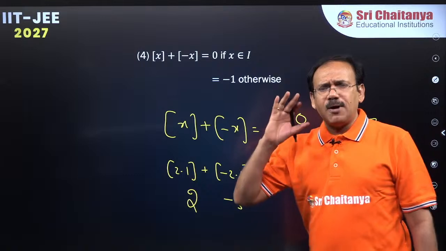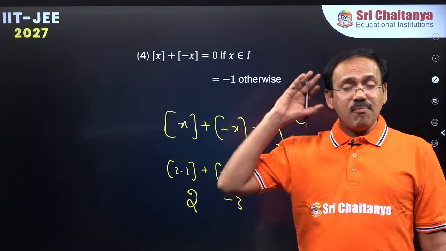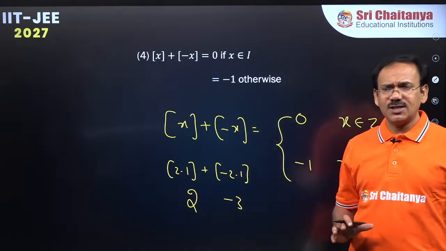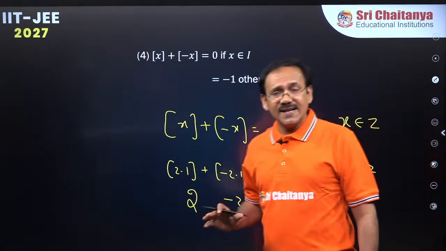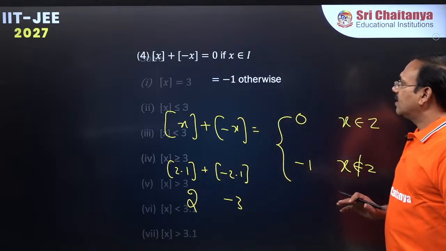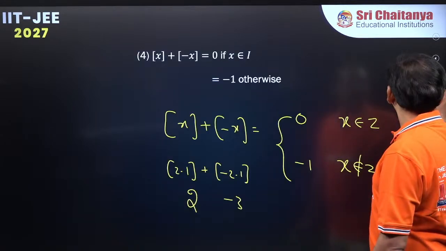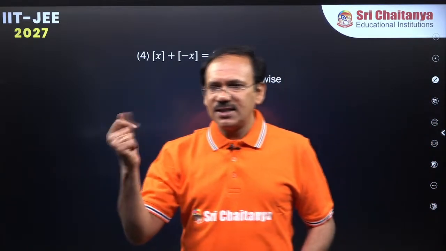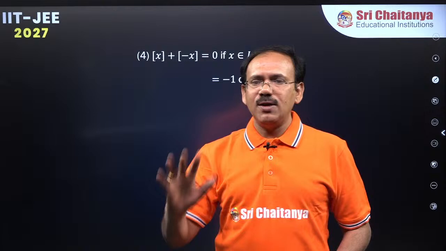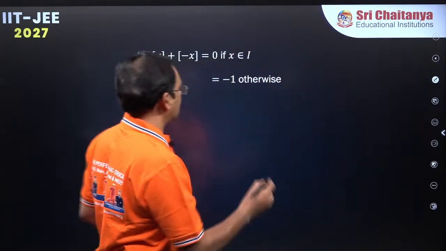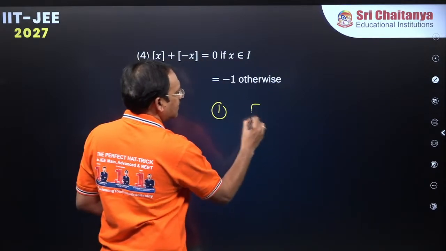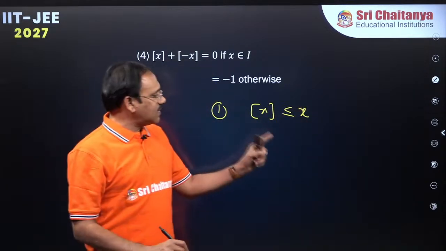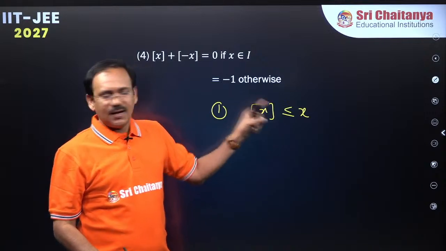These 4 properties we will be using in many problems continuously, dear students. Before I go to this question, let me recall all the important 4 properties. All of you join with me, listen to me. Property number 1: step x is always less than or equal to x. Of course, if x is an integer, equal; non-integer, less than.